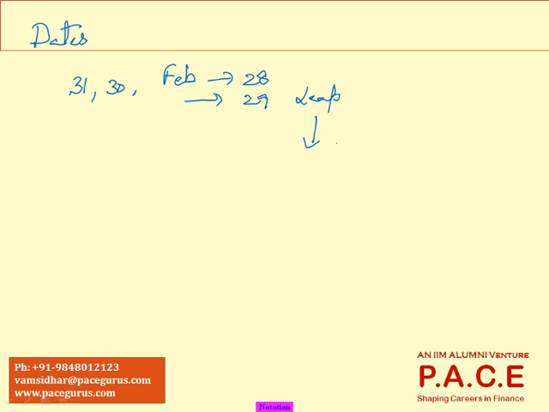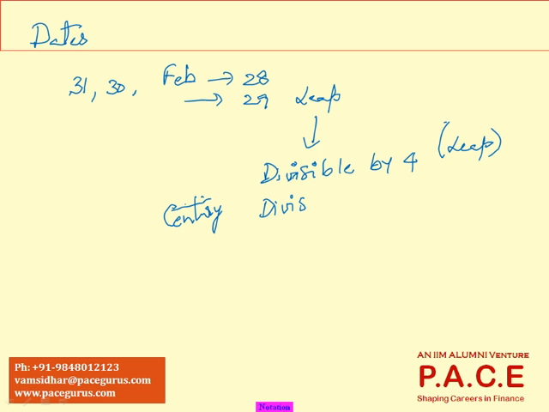Any year which is divisible by 4, we call it a leap year. Except if it is a century year, like 1900, 2000, 2100, 1800, 1700, if it is a century year, it has to be divisible by 400 also, not just by 4.